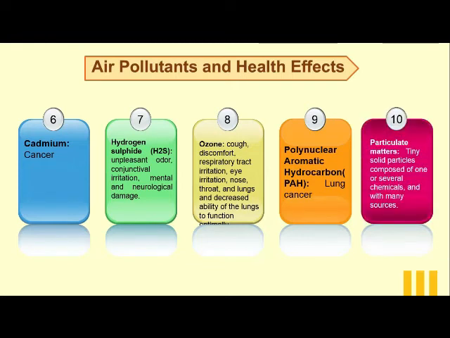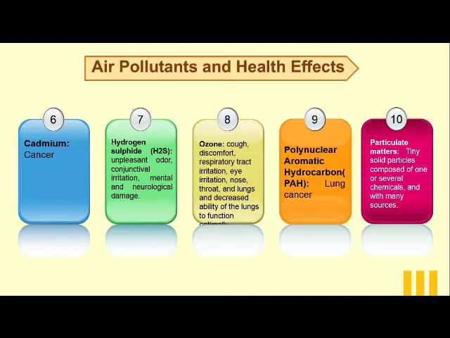The last one and the most important one as air pollutant is the particulate matter. These are tiny solid particles composed of one or several chemicals and with many sources. Combustion is a major source of the tiniest particles. Airborne particulate matter represents a complex mixture of organic and inorganic substances.